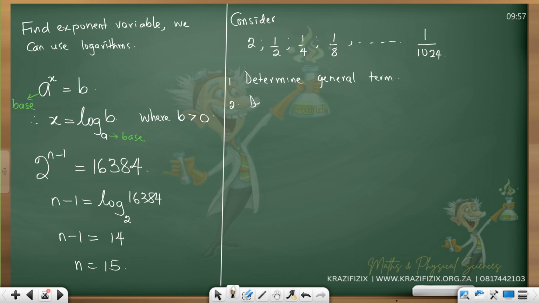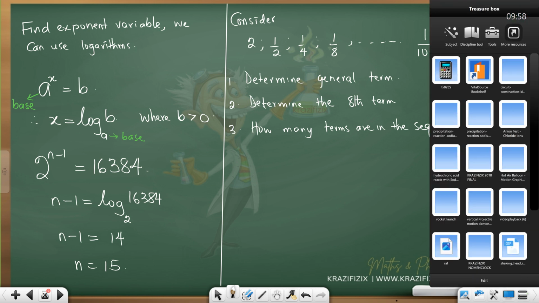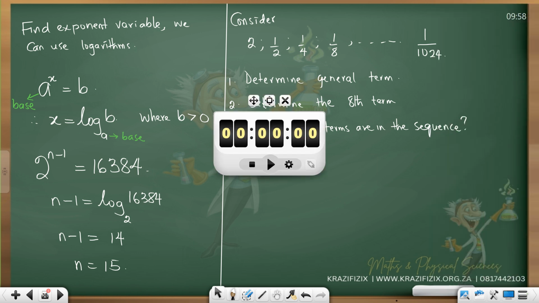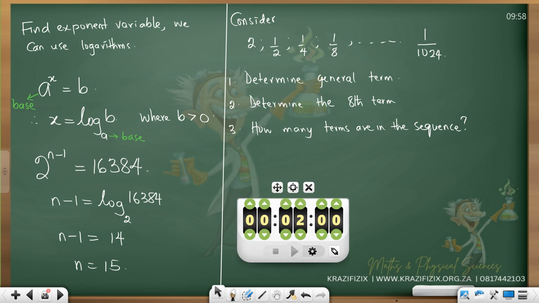Number 2, determine the value of the 8th term. And number 3, how many terms are in the sequence? 5 minutes. For writing, 40 seconds. And you have 5 minutes.